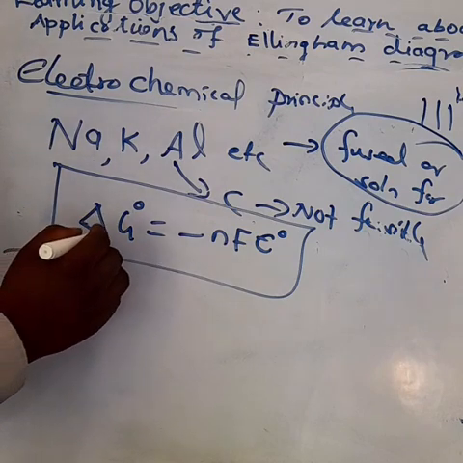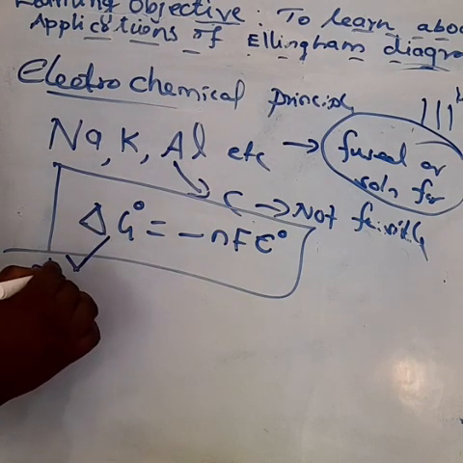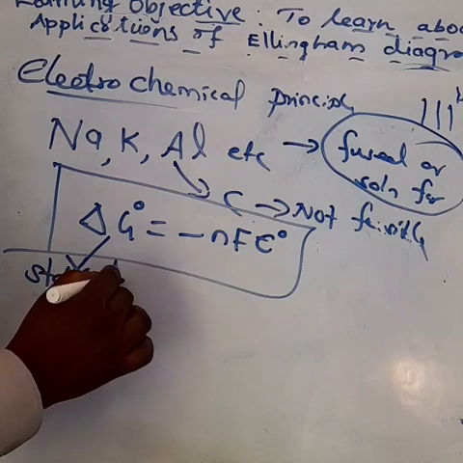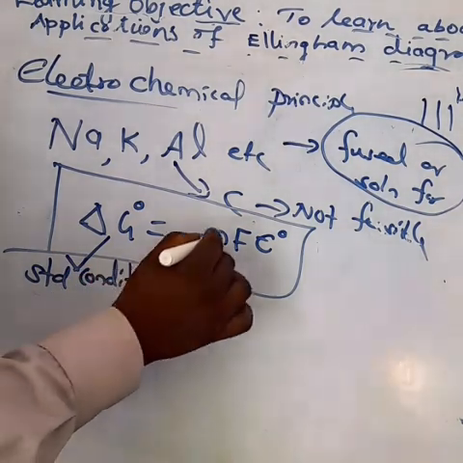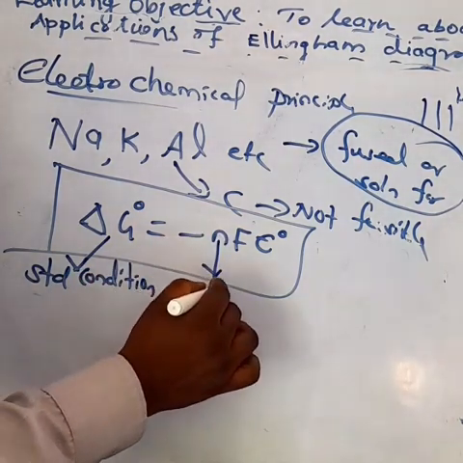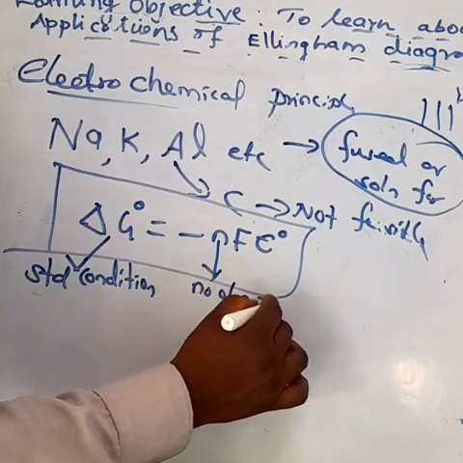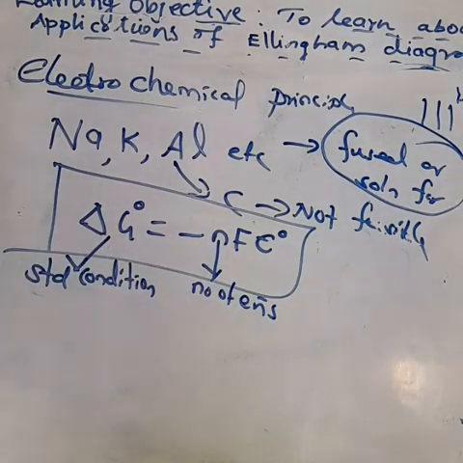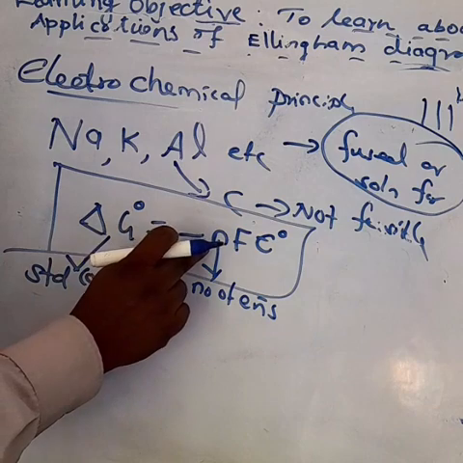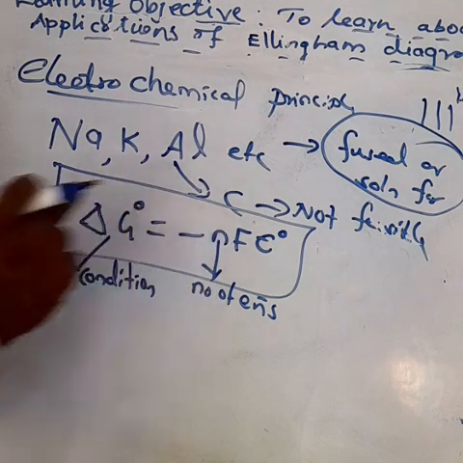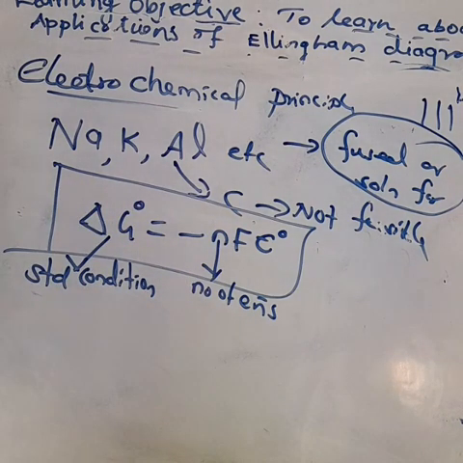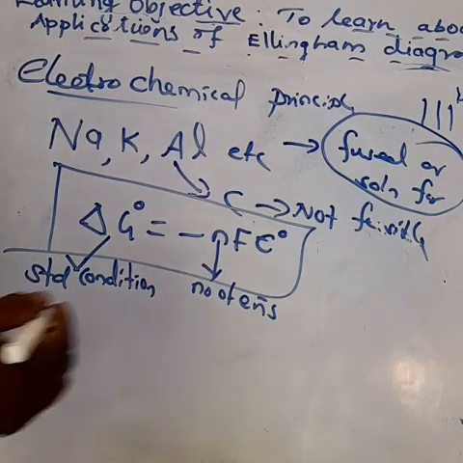Delta G naught means it is at standard condition. n is the number of electrons involved in the reduction process, a small n.